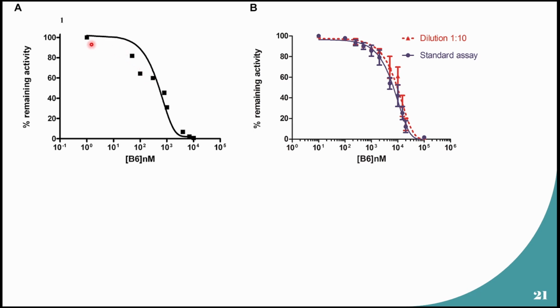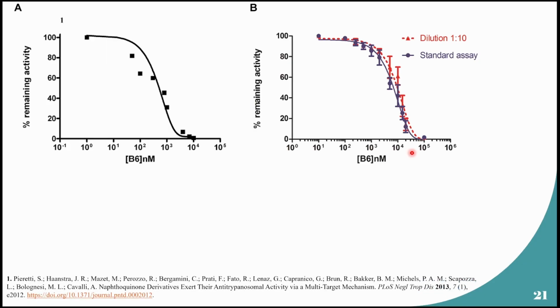So the curve looks like this, and at the particular point where the remaining activity is around 50%, that will be your half maximal inhibitory concentration. So the point where the activity is 50% of the maximum, that is the half maximal inhibitory concentration.